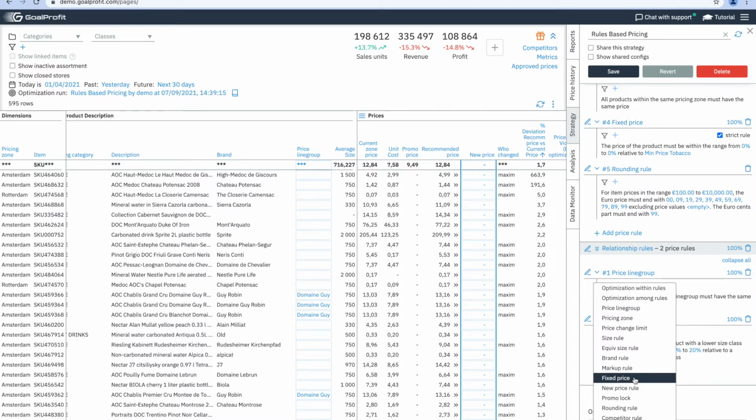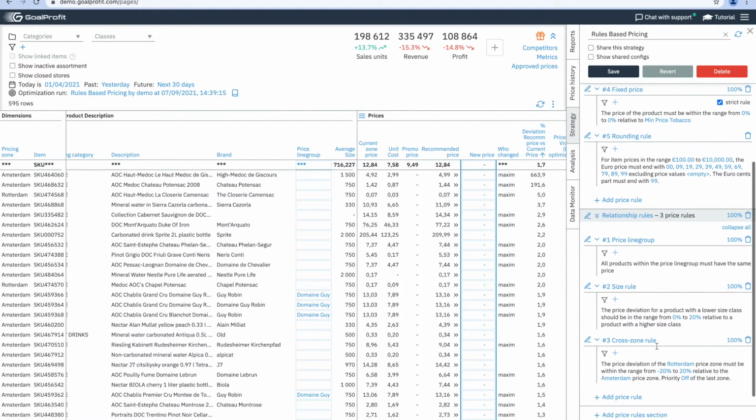What else? Cross-zone rule. We define the price relationship between different price zones. We have here 2 price zones, like Amsterdam and Rotterdam, and we want to define the price relationship between those 2 regions, like -20 to plus 20%. It means that this is the corridor between those 2 regions.